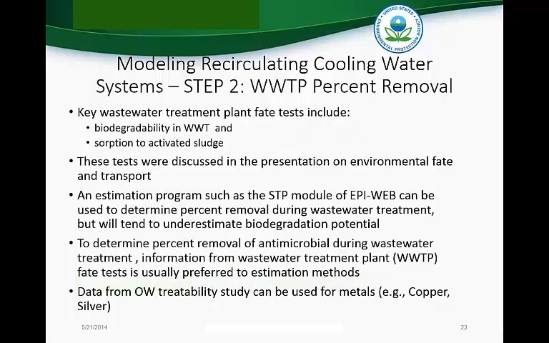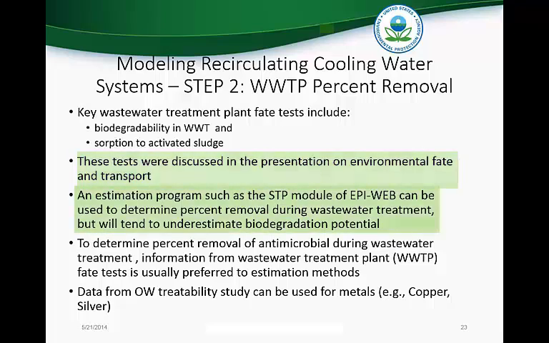In this slide we're going to elaborate on step number 2, and that is estimating the wastewater treatment plant percent removal. Key wastewater treatment plant fate tests include biodegradability in wastewater treatment and absorption to activated sludge. These tests were discussed in the presentation on environmental fate and transport.